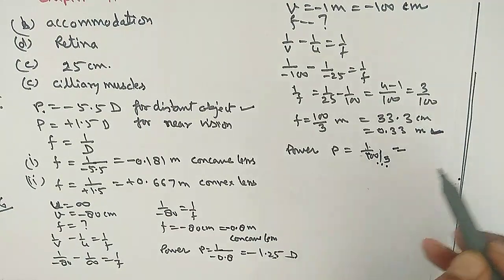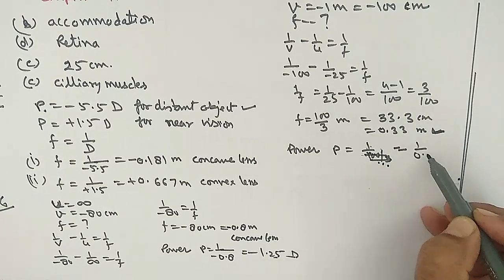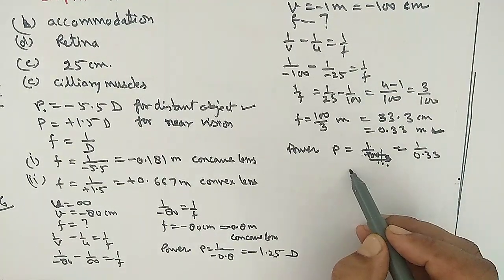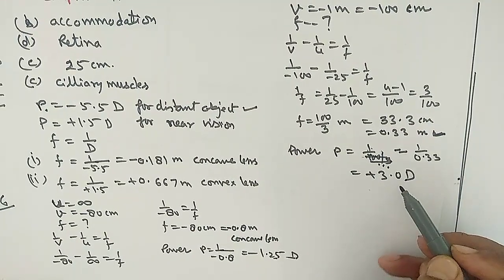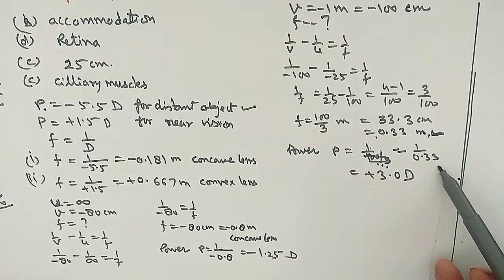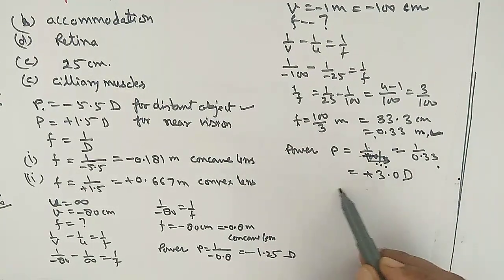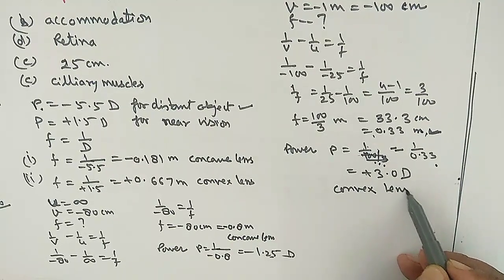So simply write 1 upon 0.33, and you will find this value is plus 3.0 diopter. Okay, put the value of F in meter, according to the formula. So it is plus, so that's why it is the convex lens.